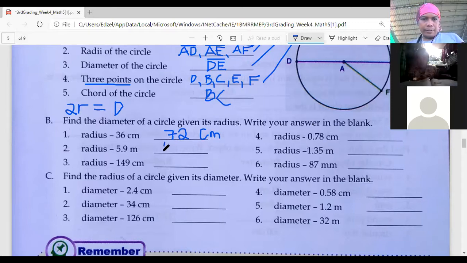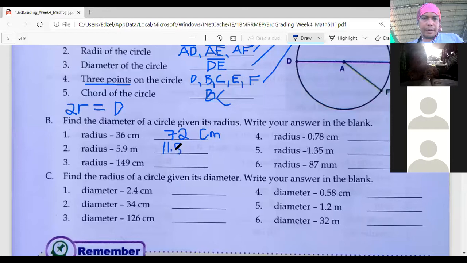11.8. 11.8 meters. Di ba, ang kuha na is 5, isa. This is how you do it. Gawin natin dito. Dalawang 5.9 decimal.